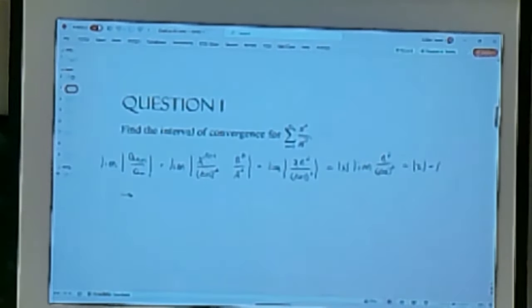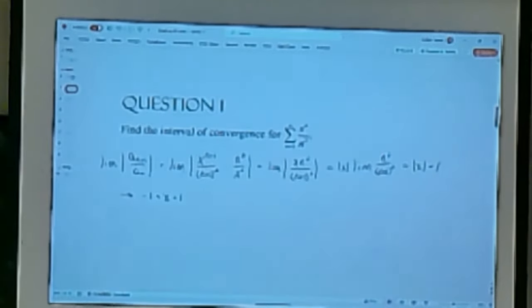Less than 1 would be correct. Negative x is less than 1, but positive x would also be less than 1. So they're both less than 1. Okay, so what does that mean? You can write it this way: it's between negative 1 and 1. That's the interpretation. Those are the endpoints of the interval, -1 to 1.